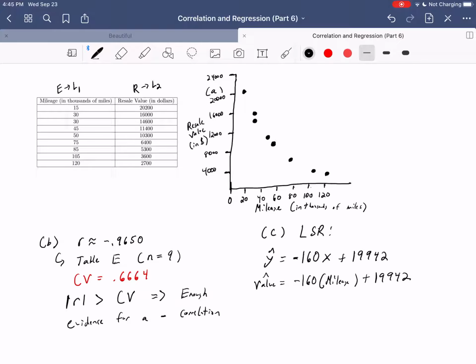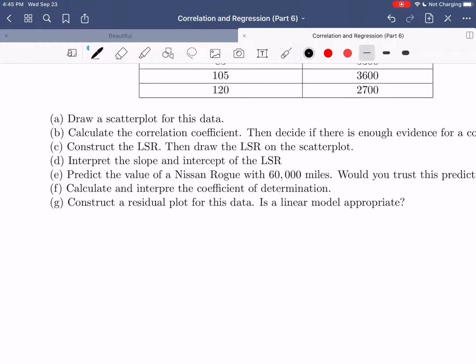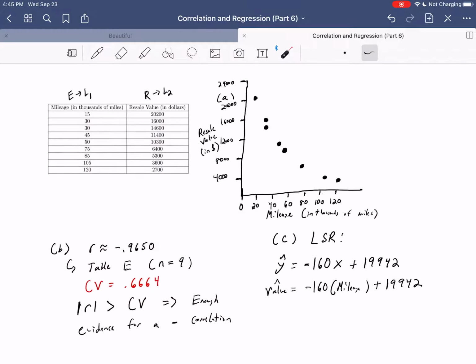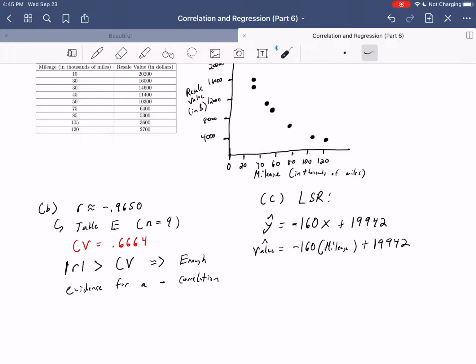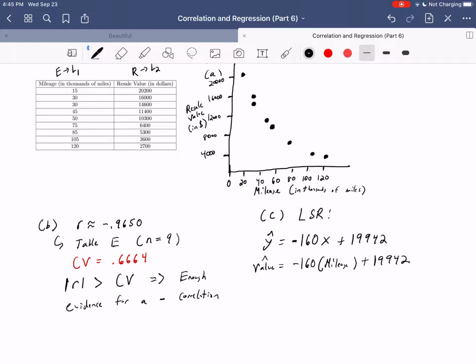All right, I believe for part C, we constructed the LSR, but we also wanted to draw it. So let's remind ourselves how to do that. Remember, we need to choose 2 explanatory values. So I'll do that in blue here. To draw the LSR, we need to choose 2 explanatory values. So we could say, let x equal 0.